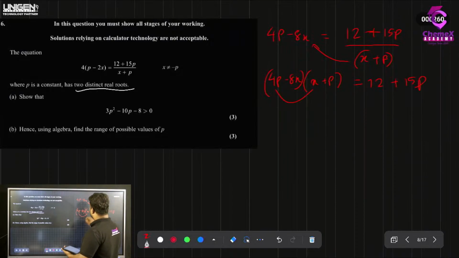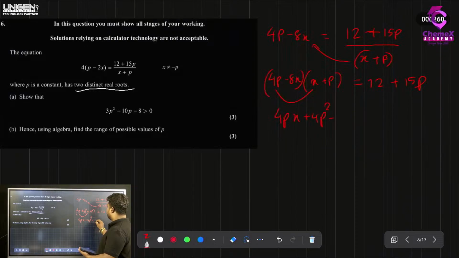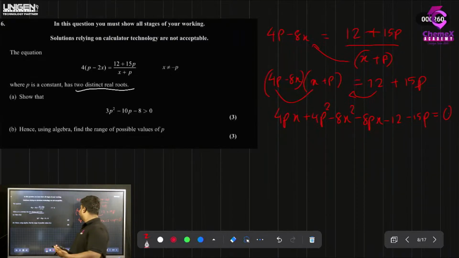Expand it: 4px plus 4p squared minus 8x squared minus 8px. I'll take 12 and all those to the other side also: minus 12 minus 15p equals 0. Any questions until there?